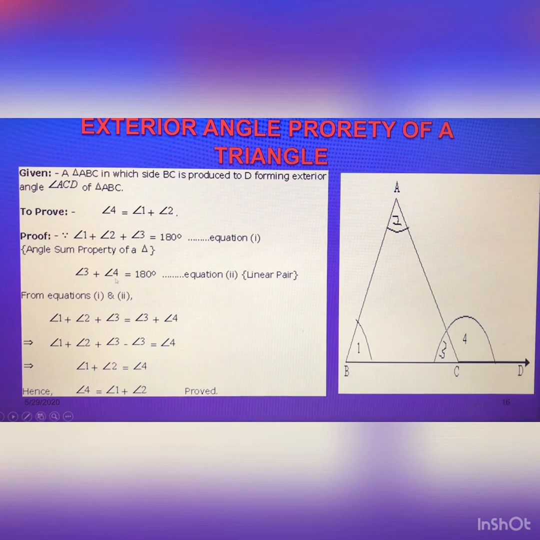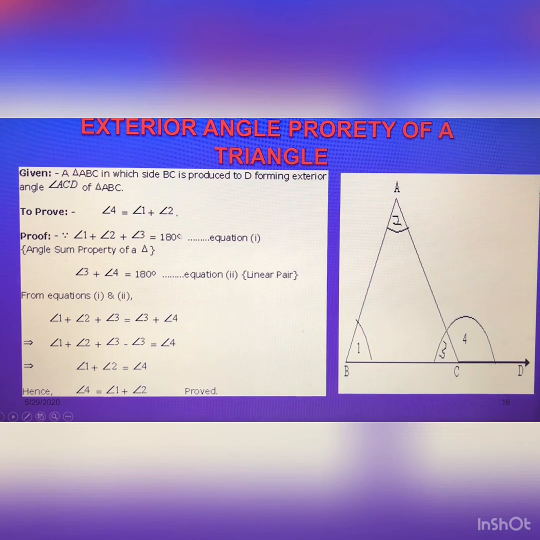But angle 3 plus angle 4 is also equal to 180 degrees. How can you say? Because angle 3 and angle 4 are a linear pair. So the sum of angles of a linear pair is always 180 degrees. So angle 3 plus angle 4 is 180 degrees. This is equation number 2.